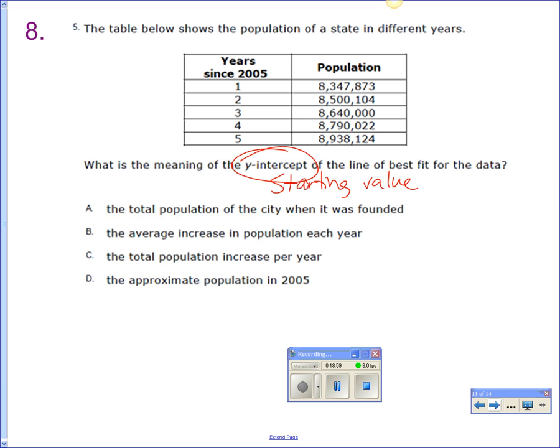When did they start tracking the population? In 2005. They started tracking it in 2005. So anybody see an answer that they think might work? D. The y-intercept is going to be the starting population when they started. They started in 2005. Okay.